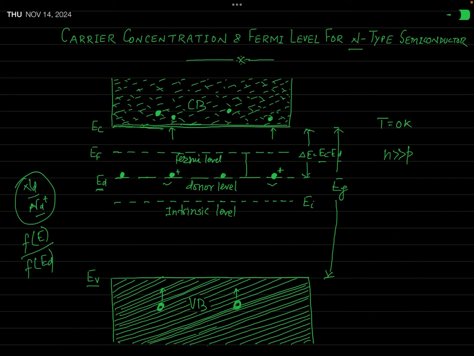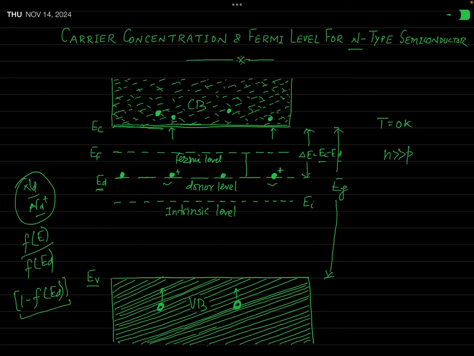But among these, some have been ionized. So the probability of ionized atoms in this donor level will be 1 minus F of ED, because the total probability is 1.